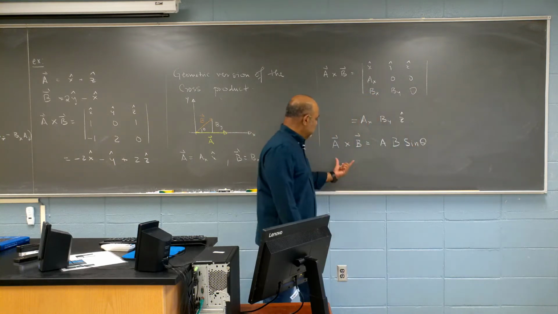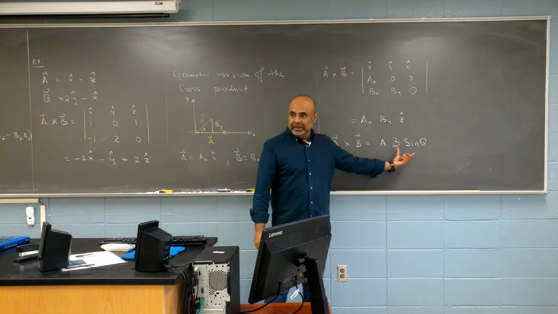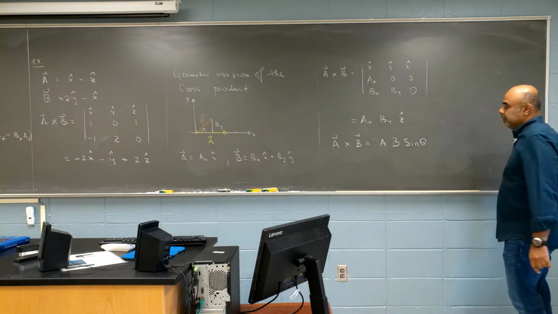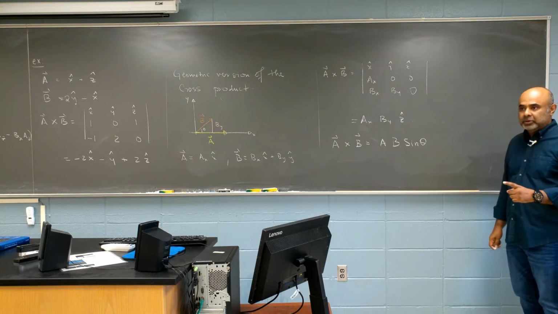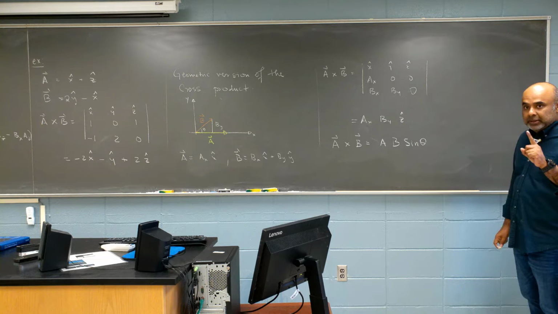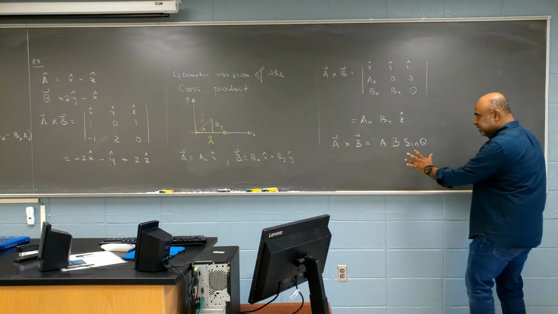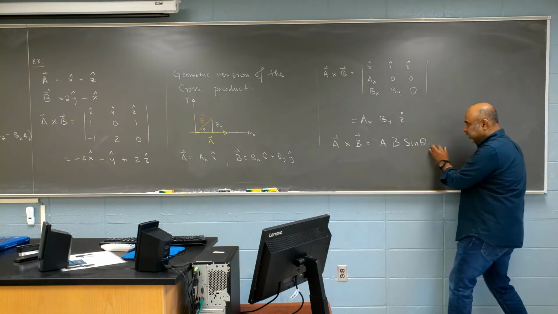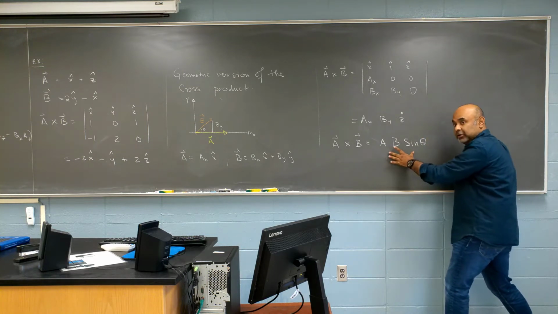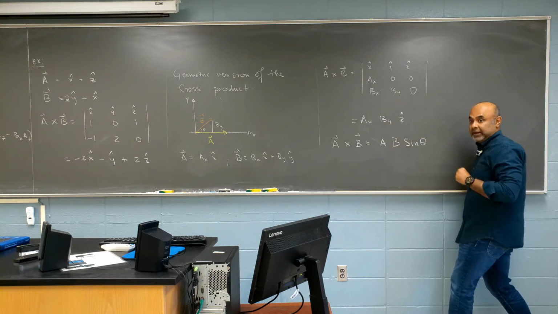Almost there. There should be a vector, so I should make this a vector. It is the direction that is perpendicular to both A and B. So the notation is, well, this is the magnitude. The vector is going to be perpendicular to this, but we already took care of the magnitude, so it better be a unit vector.